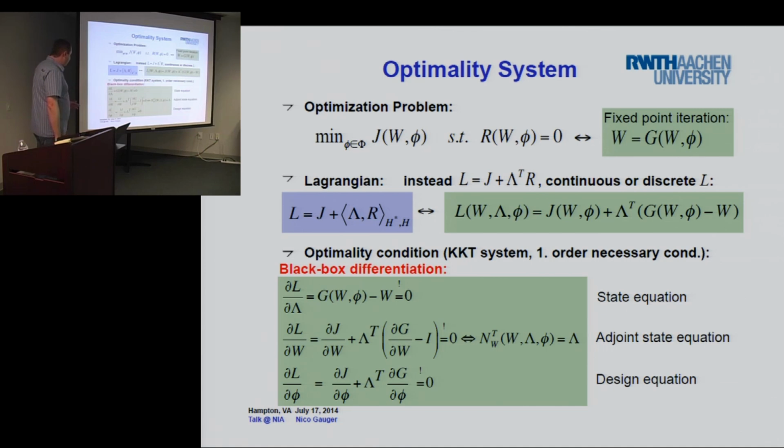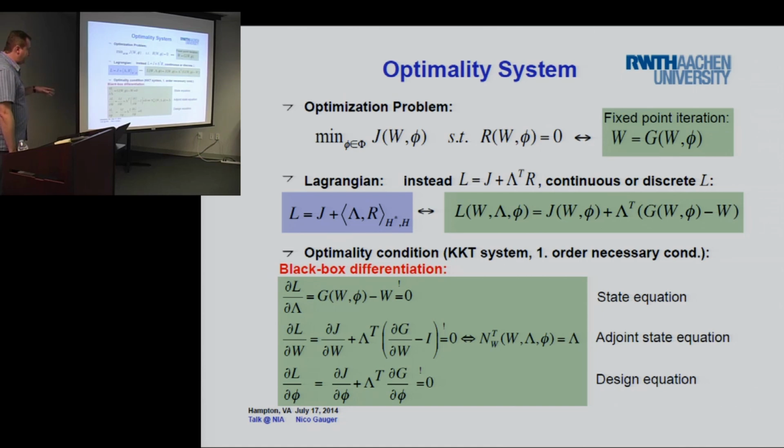And the nice thing is here, G minus W, this is then converged to a fixed point W. This is here the adjoint. And I have here lambda times identity, so I can put this lambda on the right-hand side, and what remains here, this part, this is what I will denote by N_W transposed.